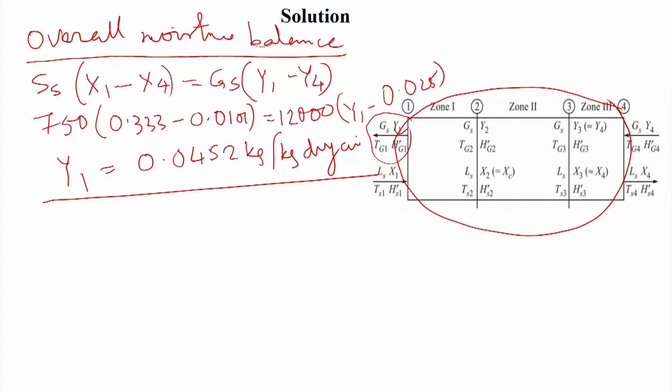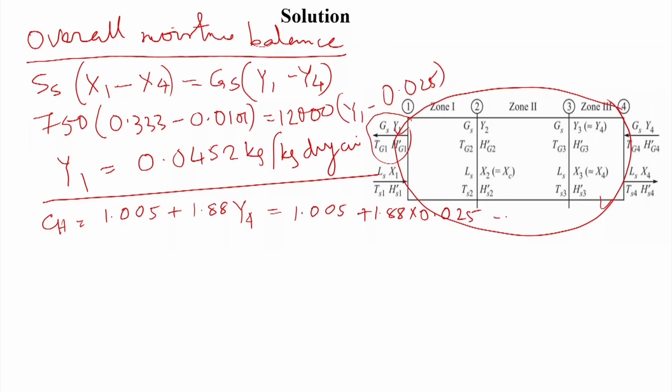Now, the humid heat of the air, C H, in zone 3, which starts here, is equal to 1.005 plus 1.88 into Y 4, where Y 4 is equal to 0.025.